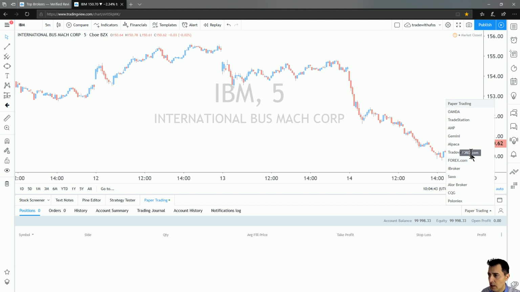AMP, which someone mentioned earlier in the chat, is a futures broker. Tradovate is a futures broker, right? Saxo is a CFD broker. Poloniex is a cryptocurrency broker. So there is a little bit of everything there.